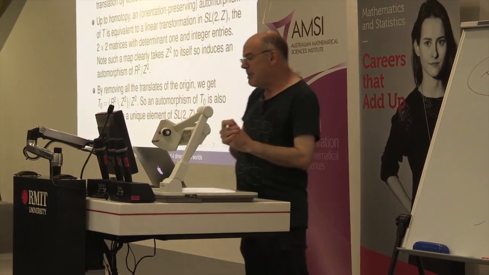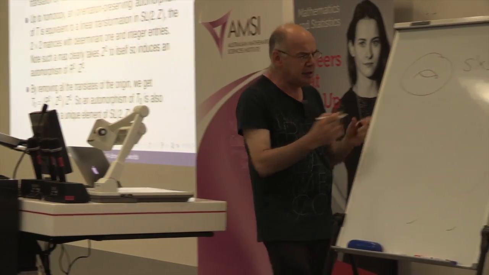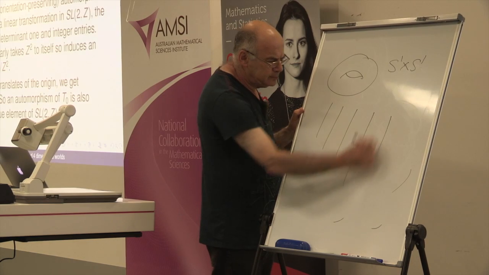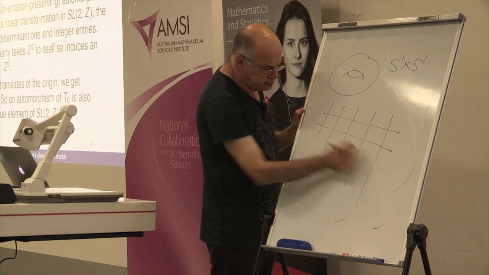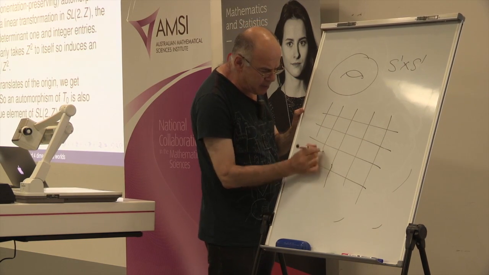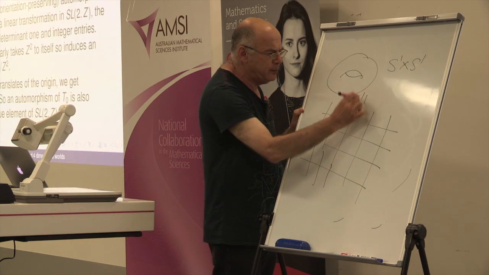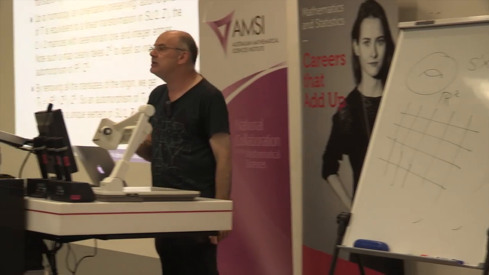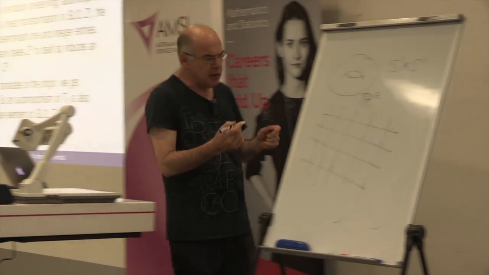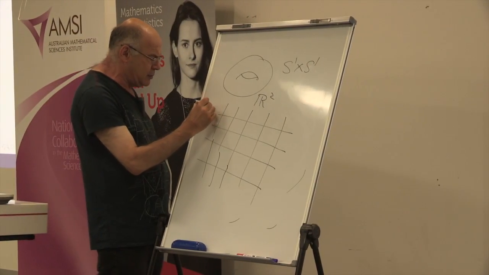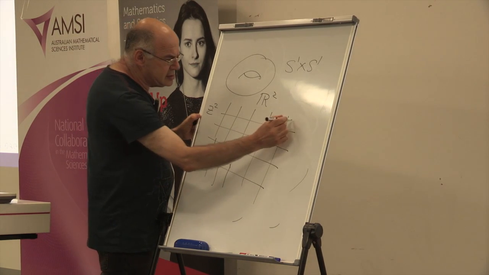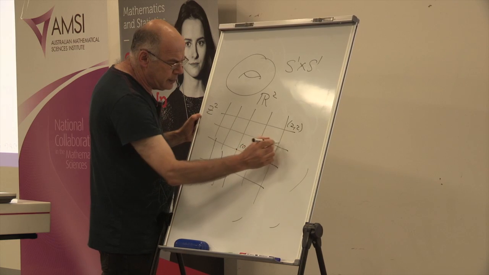Or a nice mathematical way of thinking about it is to take the Euclidean plane and divide it up into the square lattice. So the corners of the square lattice are the integer vectors. So we can think of this as Z2. So this is, say, the origin, and this is, for example, (2, 2).